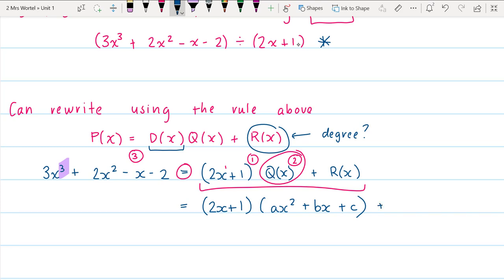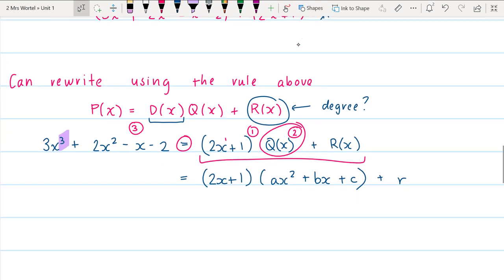Now my remainder has to be a degree lower than my divisor. This one's a linear, so it's going to have to be a constant. And my left-hand side hasn't changed. So I've got 3x cubed plus 2x squared minus x minus 2.